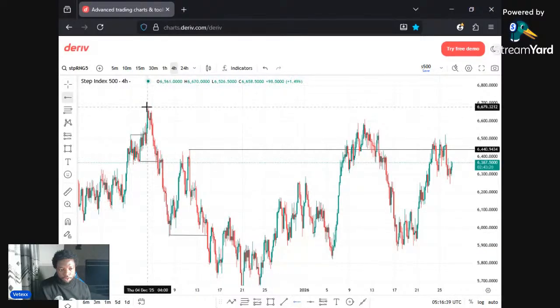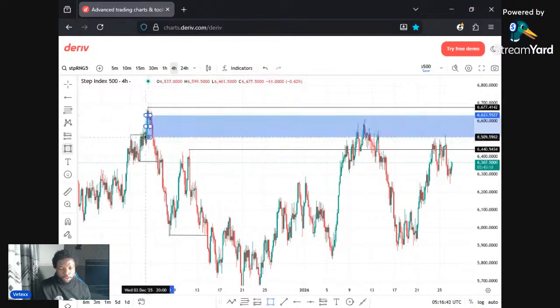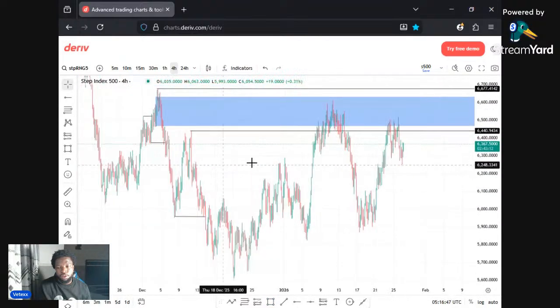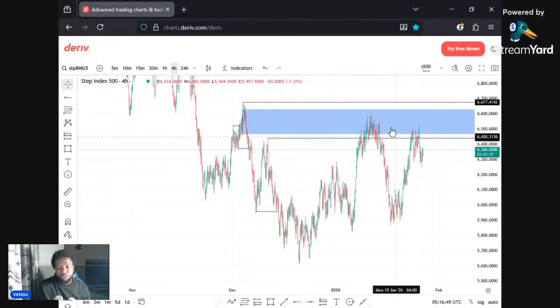This is our protected high, and this zone is our point of interest. Okay, so this is the starting point, and this is the finish point.